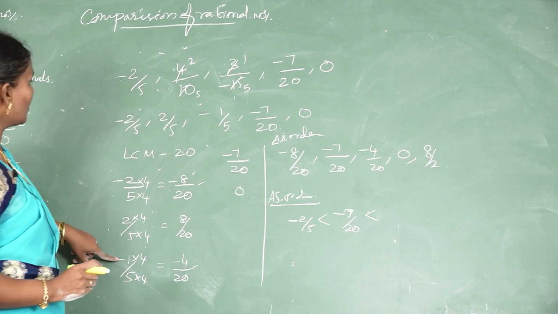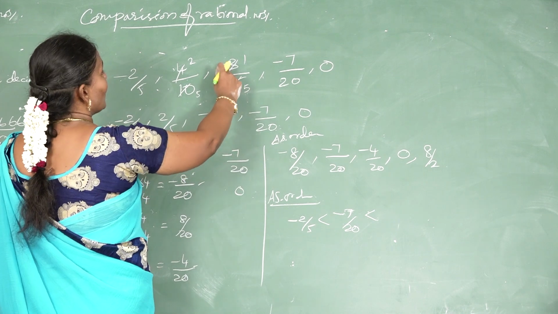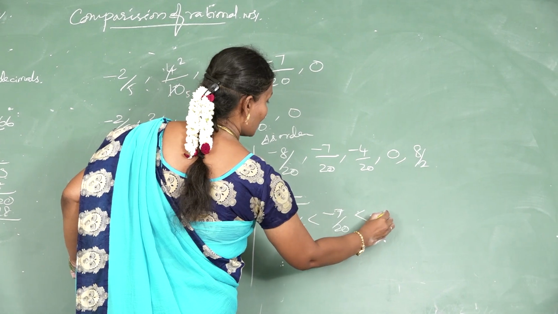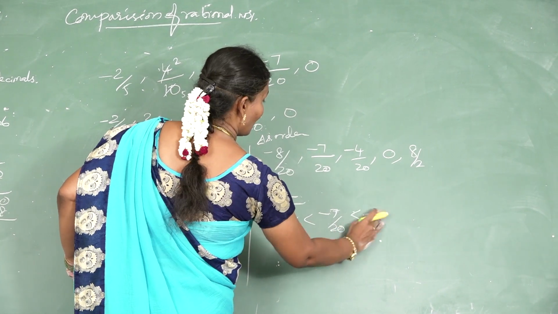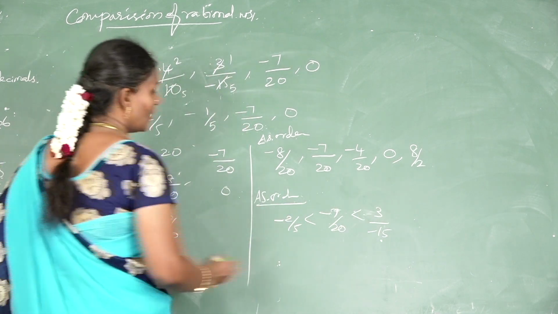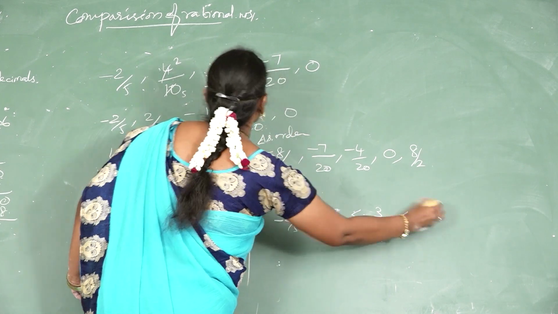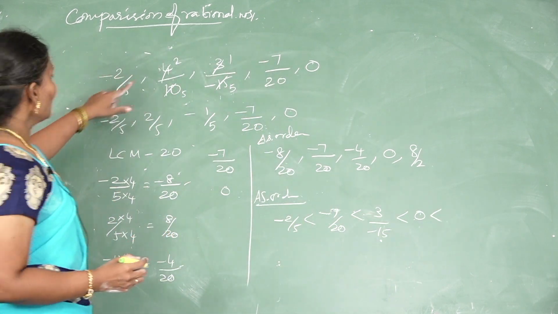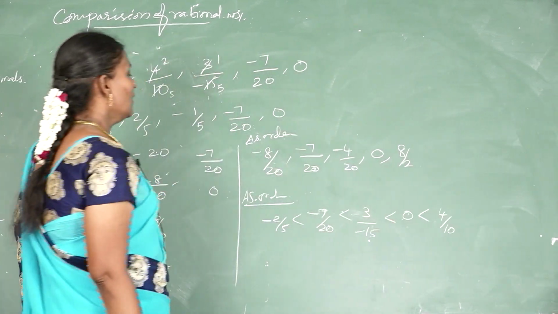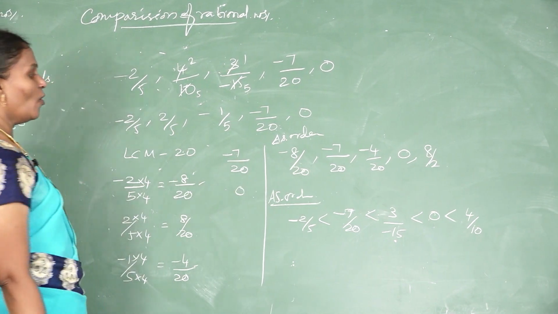Where is minus 4 by 20? Minus 1 by 5, so here the given number is 3 by minus 15. Next, less than, the next number is 0. Then, less than, which is the positive one here? 4 by 10. So 4 by 10 is the greatest number. This is the ascending order.